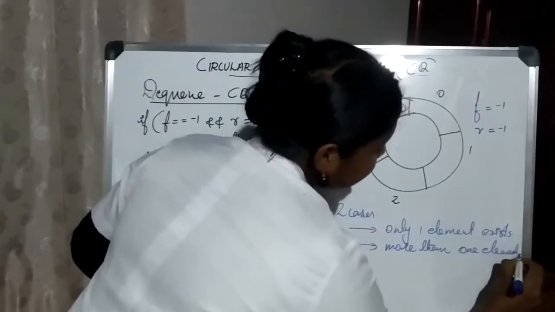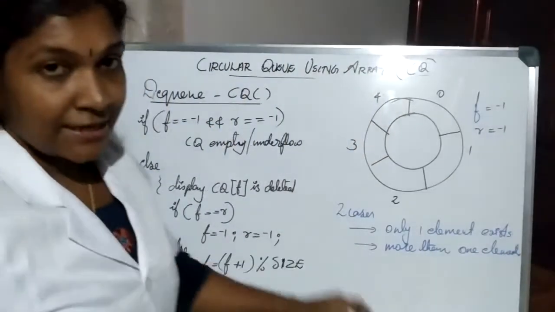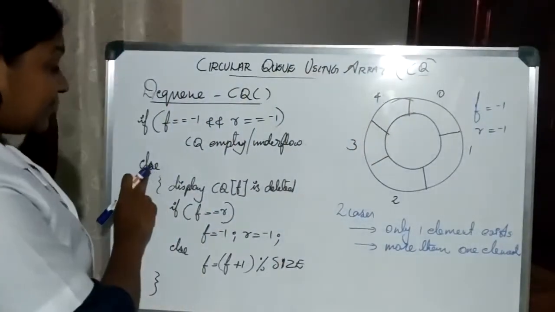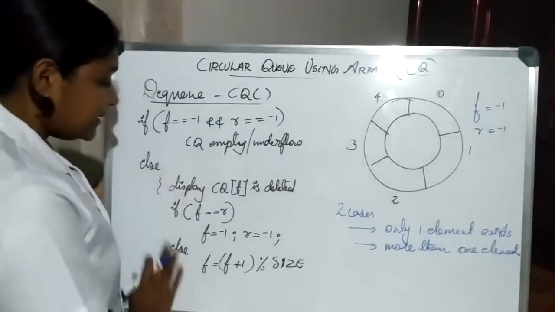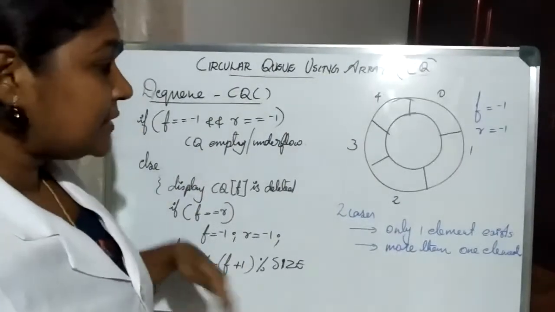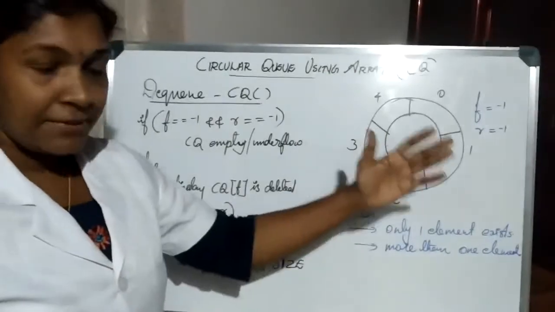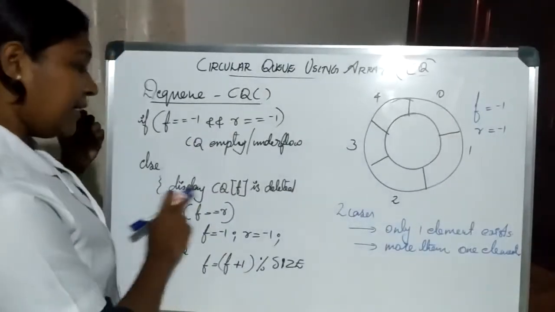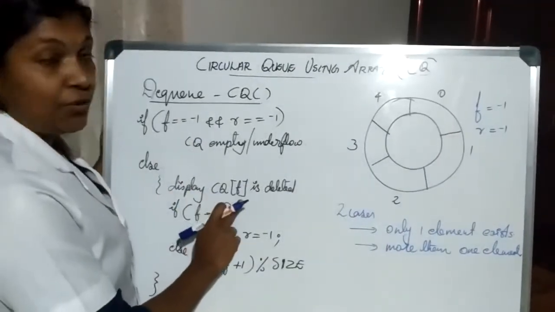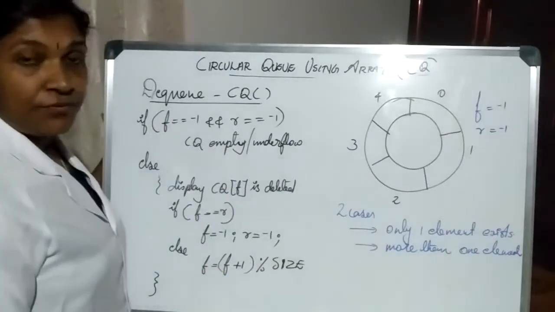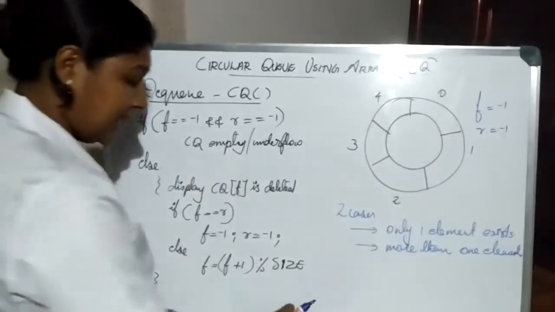I'll explain the difference between these two cases. In the else part, else means DQ is possible. So first we can display the message that this element has been deleted. For that, I have used the variable CQ of front. To whichever position front is pointing, we are about to delete that element.